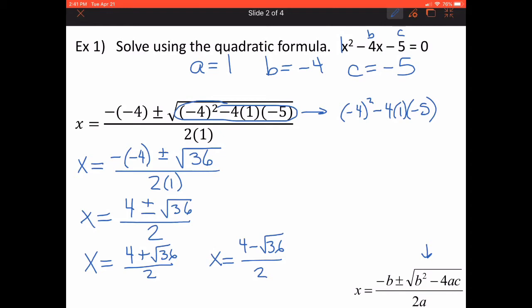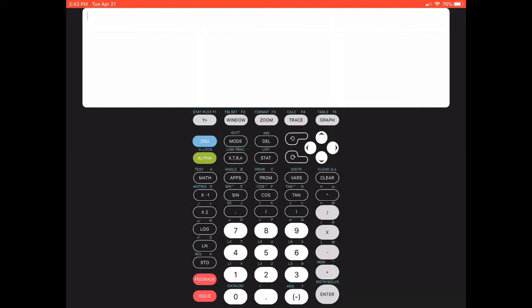Now I do need to be careful on my calculator. I need to make sure that I do 4 plus square root of 36 and hit enter before I divide by 2. And same thing when I do the subtraction. You must hit enter for the numerator before you can show you're dividing by 2. Okay, so I'm going to do 4 plus square root of 36, hit enter, and then divide that by 2.